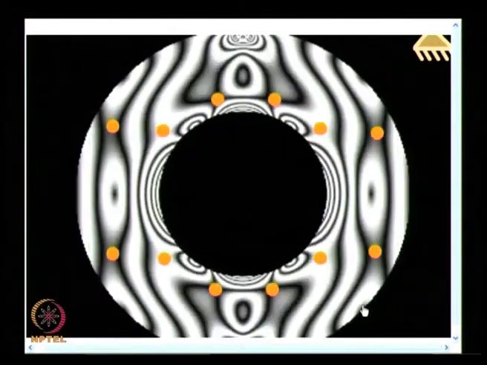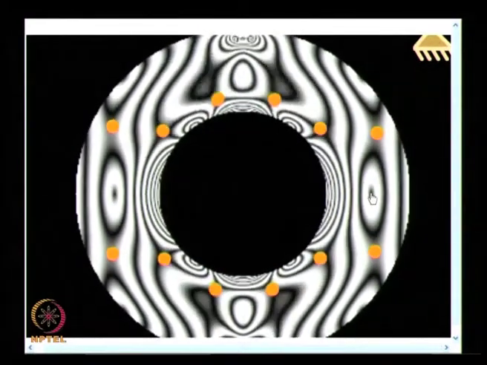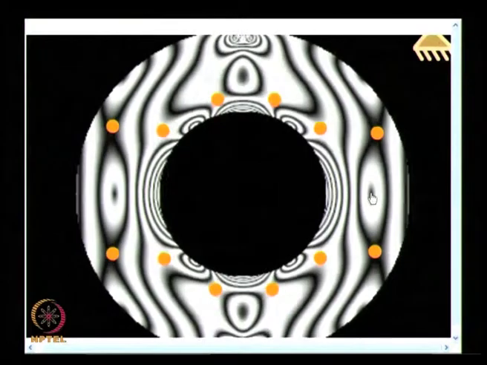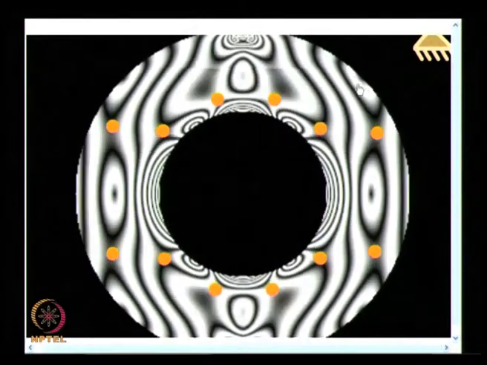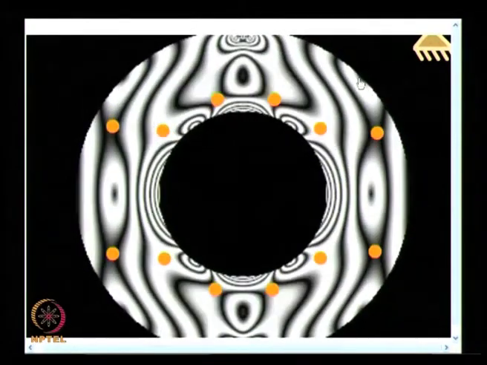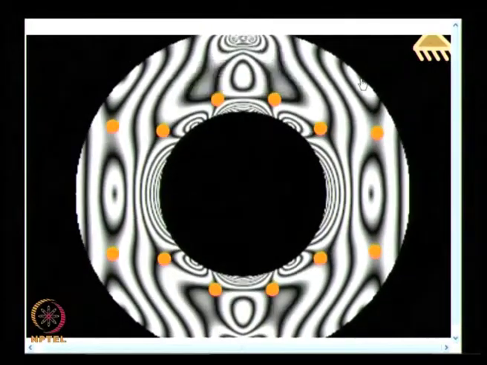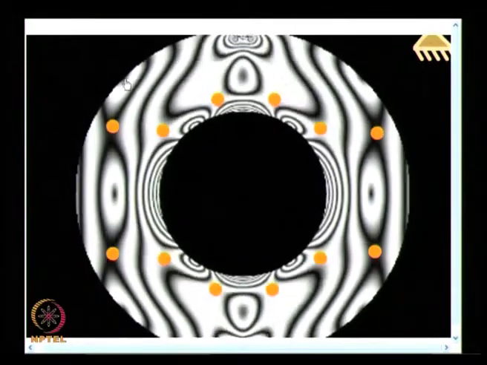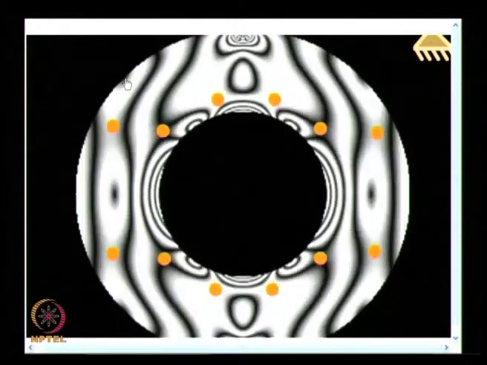If you look very carefully, as the load is increased, this fringe order remains as such. If your eye is tuned, that is the reason why I keep this animation for such a long duration, you find this is getting compressed into this, that is, it is becoming sharper and sharper, you still have a fringe. So, any fringe that does not change as a function of the load is a 0th fringe order.